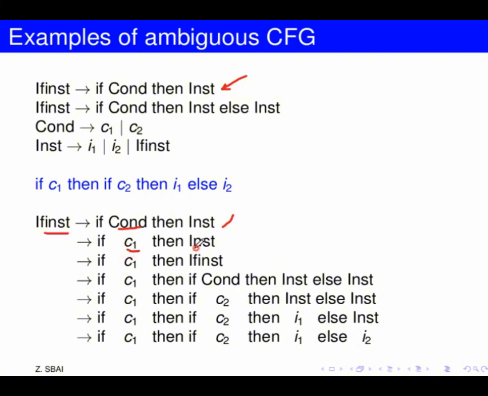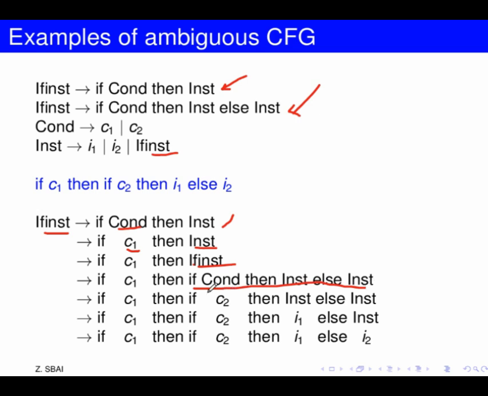Then we will have this instruction that will yield to if instruction. Then again, we will go back to if instruction and choose the second rule here, and we will write, instead of if instruction, if condition then instruction else instruction.